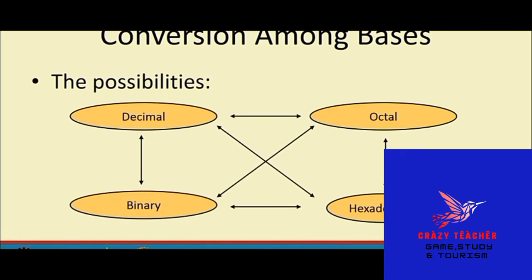This talks about the conversion between the bases. These are the possible conversions: all these number systems we can convert from one form to another. Decimal to binary, binary to decimal, decimal to octal, octal to decimal. Like that we can convert between these number systems very easily.